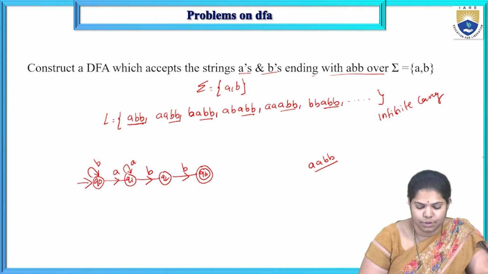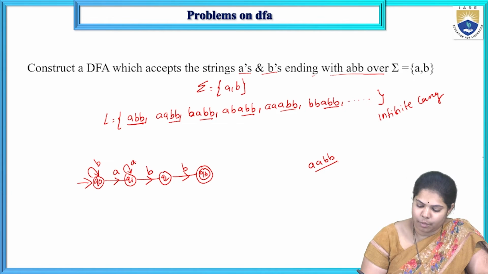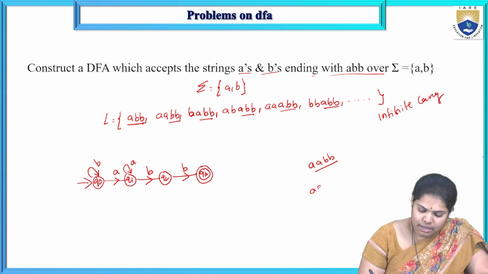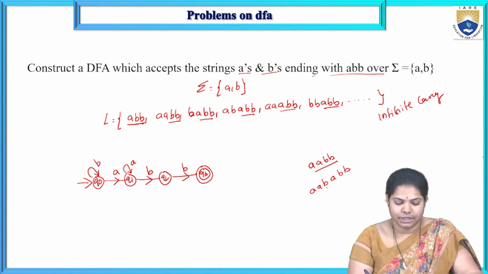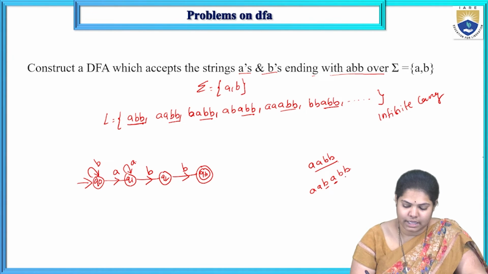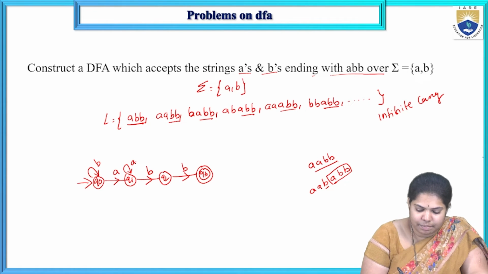What about Q2? Q2 has only a transition on B. What about A? If I have A, B, B, and after one B I get any A, this string will also be accepted.